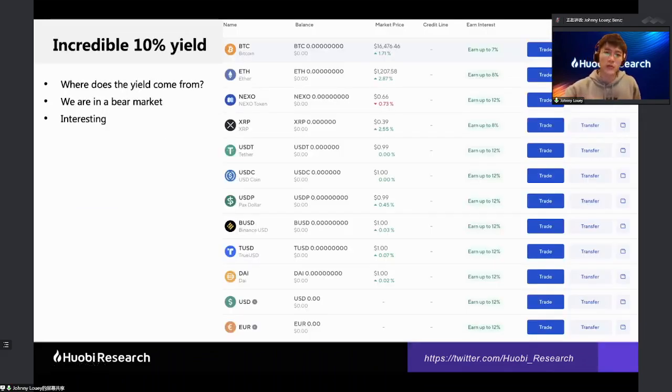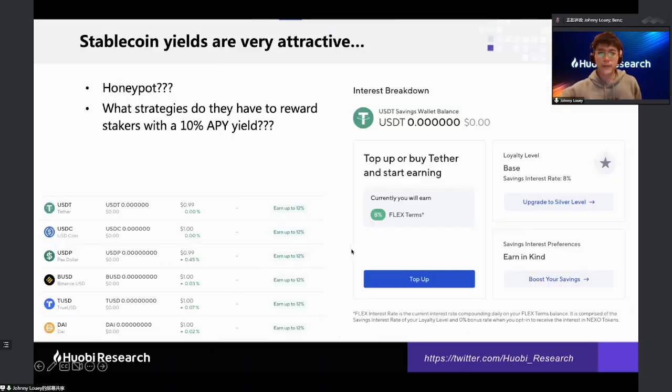But personally, 10% yield is a little bit suspicious, really suspicious, because I don't think other competitors are offering such a high yield currently. Even for Huobi, we are offering up to 4% to 6%, and I think that's a little bit high as well. That's already too attractive, and this is double.